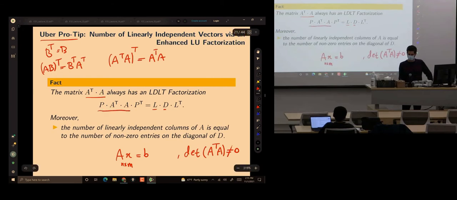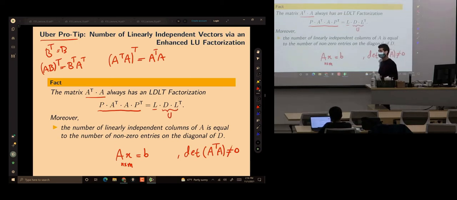So P A transpose A P transpose gives us the LDLT factorization: L times D times L transpose. You could think of this as U, right? Because L transpose, you know, is upper triangular. So it is the same thing as LU, but this is a symmetric version of that.